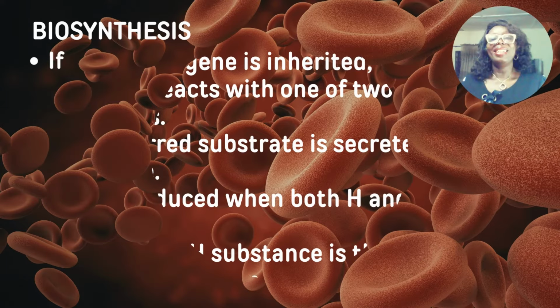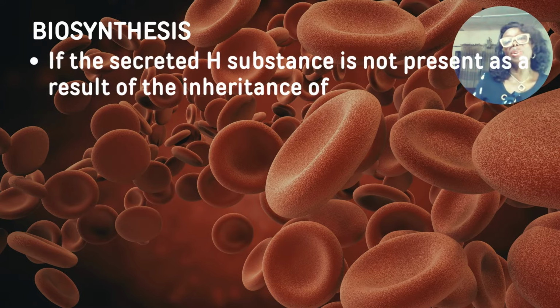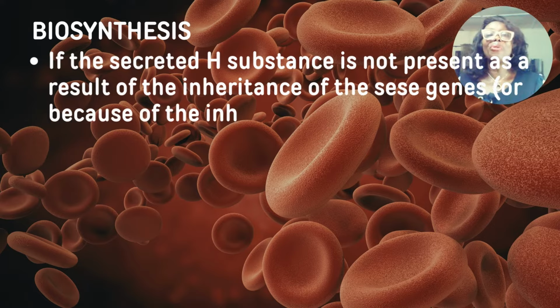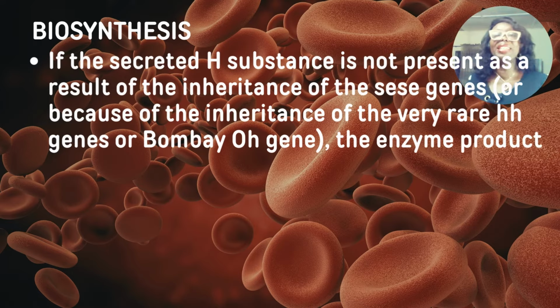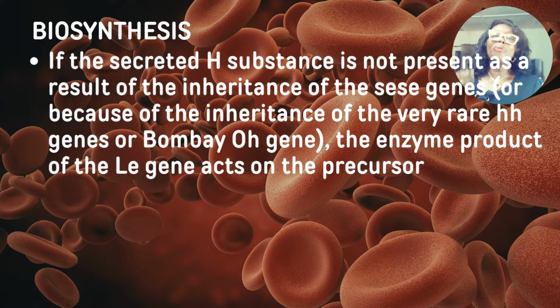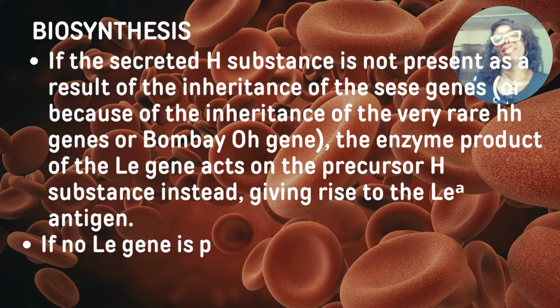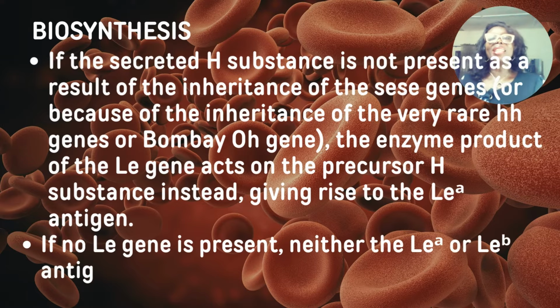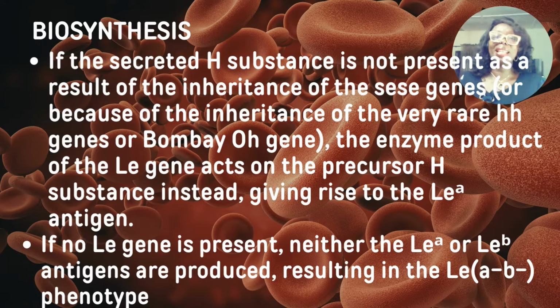Now, if the secreted H substance is not present, and this can only be as a result of the individual not having a functional FUT2 gene, that is, inheriting the recessive form of the SE gene, the little se gene, and is not able to secrete A, B, or H substance in the body fluid, then the functional Lewis gene that is present will produce a transferase.